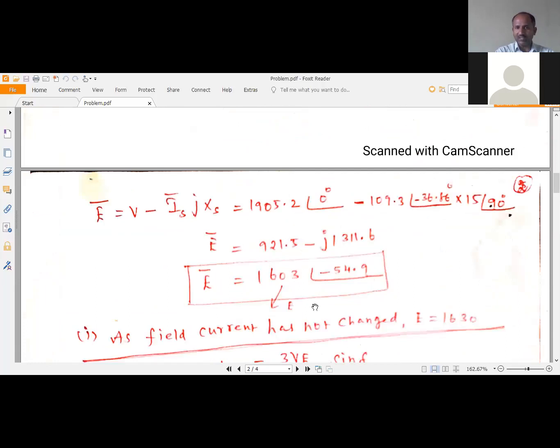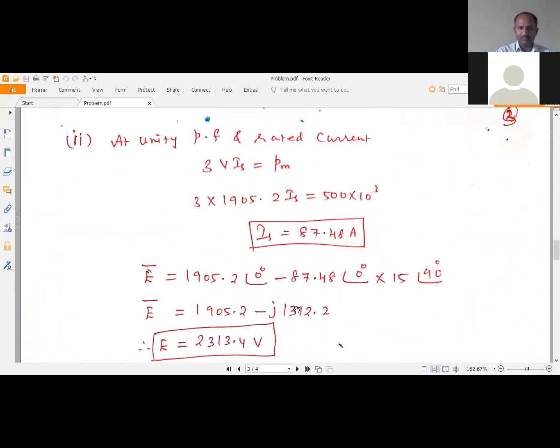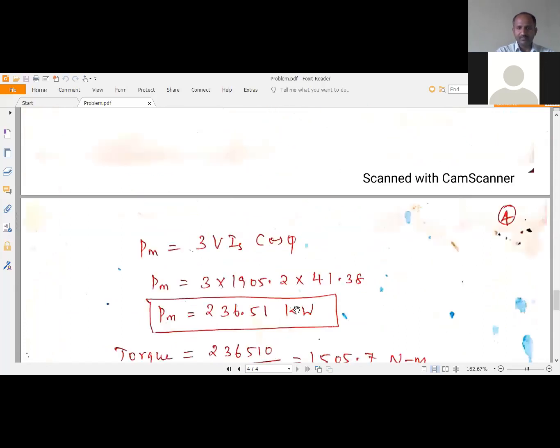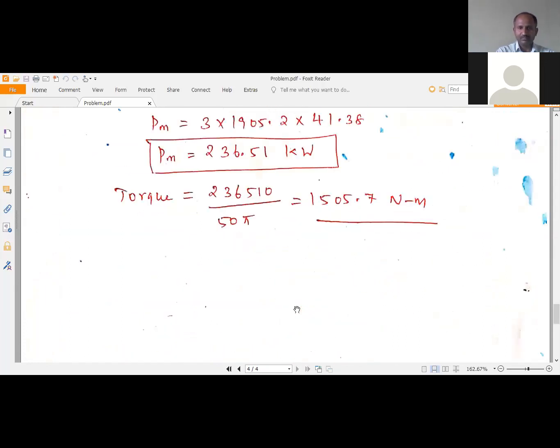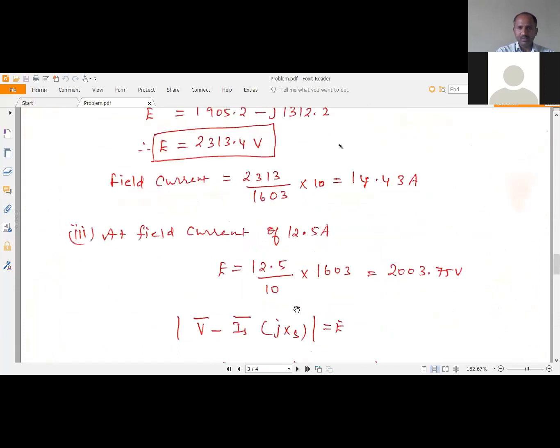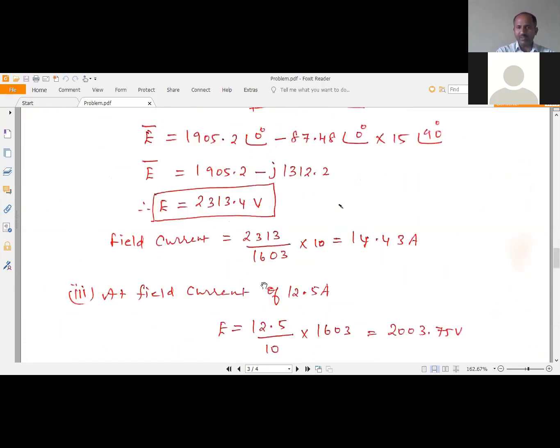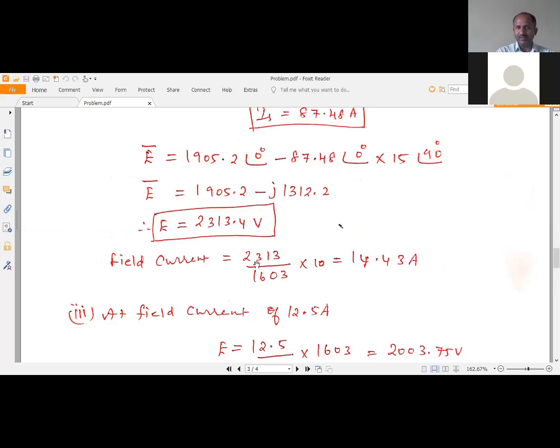So this is the value of E. For the value of field current, it is 2313.4 divided by 1603; we obtained these two ratios, into 10. So this is the value of field current for the unity power factor.